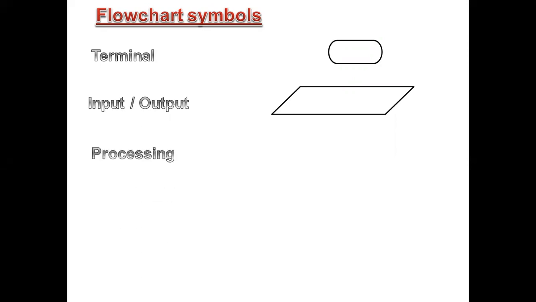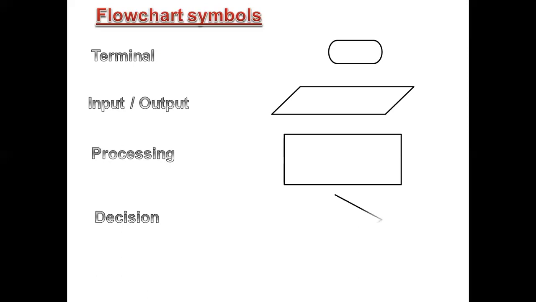The processing, we write in a rectangle. Only one shape for each function. I do not use any other shapes except these shapes. Decision is used to take a decision.